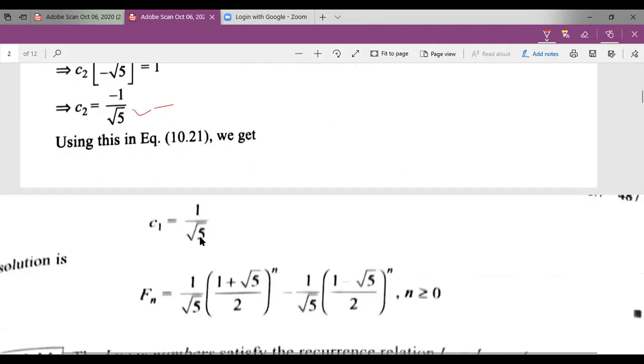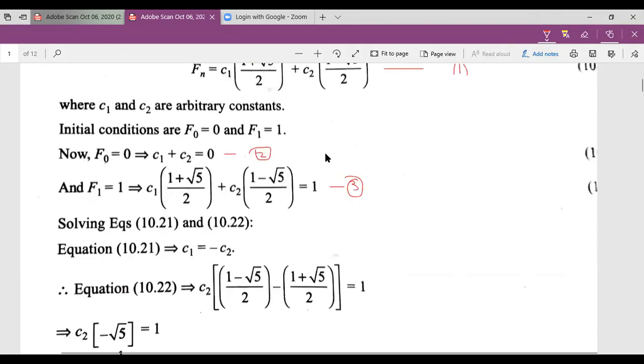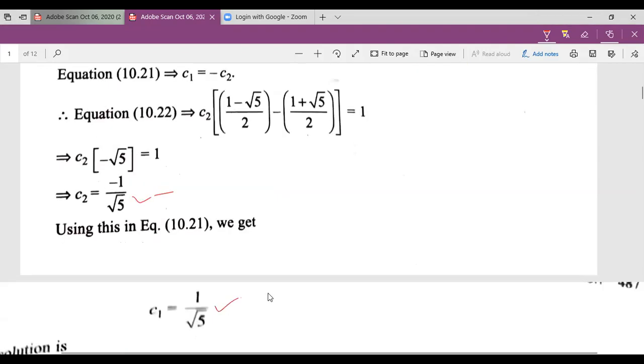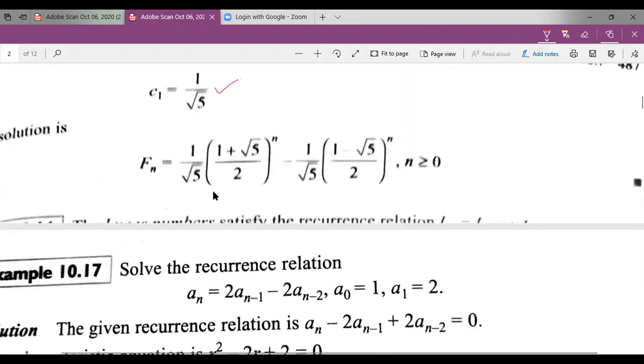Substituting the C1 and C2 values in equation 1, we get the general solution for the Fibonacci recurrence relation, that is Fn is equal to 1 by root 5 into 1 plus root 5 by 2 whole power n minus 1 by root 5 into 1 minus root 5 by 2 whole power n, n greater than or equal to 0. This is the general solution for the Fibonacci recurrence relation.